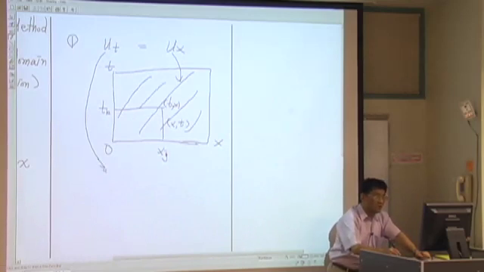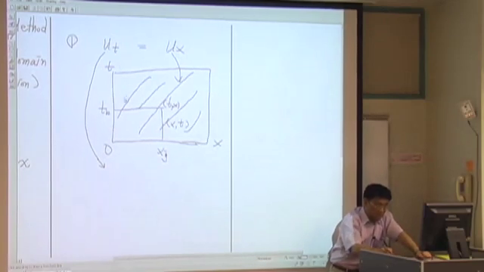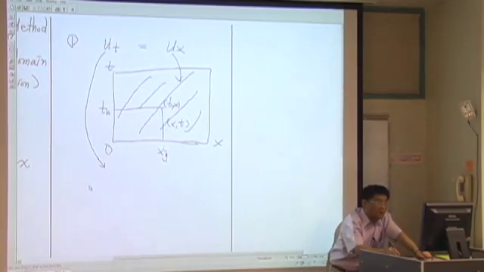Then, roughly, if you use the forward difference, the derivative with respect to t is like this: u of t_k plus delta t, x_j, minus u of t_k, x_j, divided by delta t can replace this u sub t.